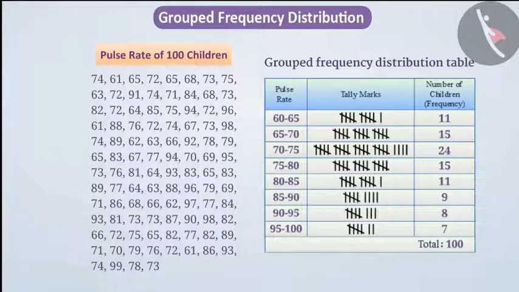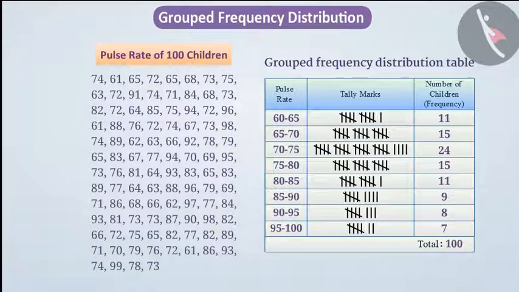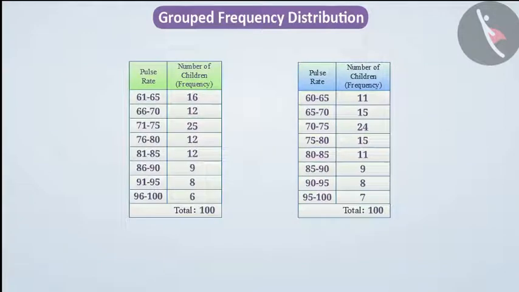Let's compare the first table with this table. Do you see any difference between the two? Think. Let us tell. None of the two classes in the first table have an overlapping lower class limit or upper class limit.